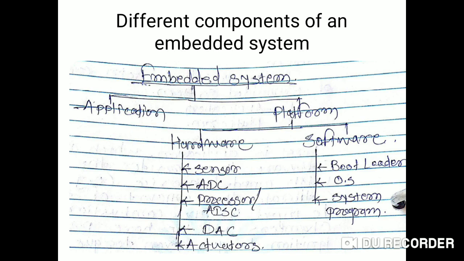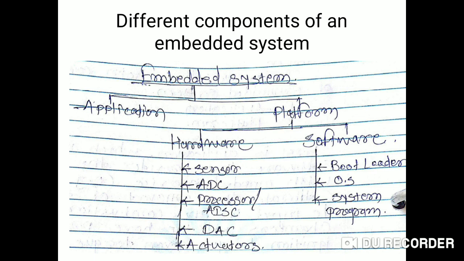Now, the different components of an embedded system. There are two main components of embedded system. One is application, second is platform. The first is application, which is software that provides the user with needed services. For example, to calibrate the amount of fuel to inject in a combustion chamber and to have proper ignition to get a given torque request.